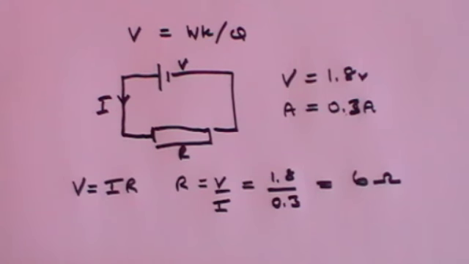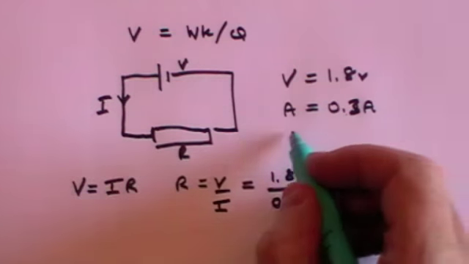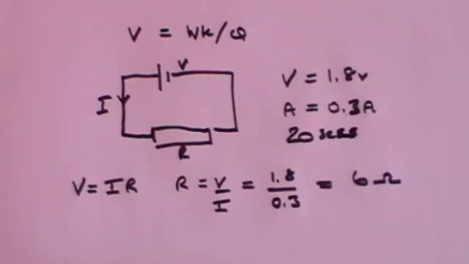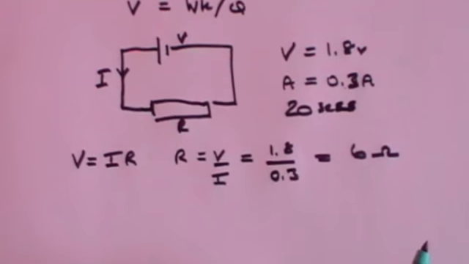What's the resistance? The second part is that the current flows for 20 seconds. I have a switch in the circuit, say, and I let the current flow for 20 seconds. And the second part of the question is, what is the charge that flows through the resistor?